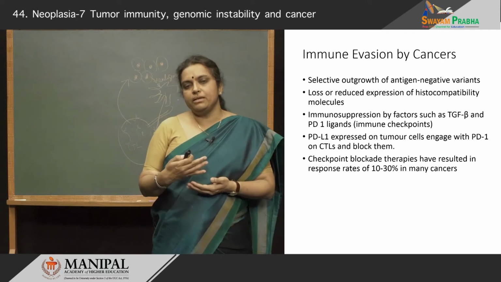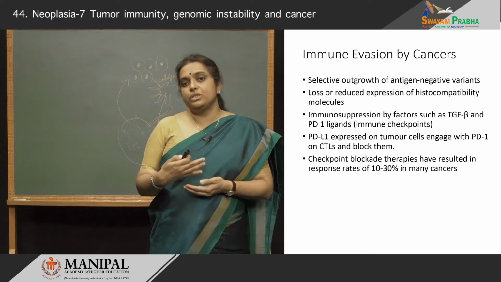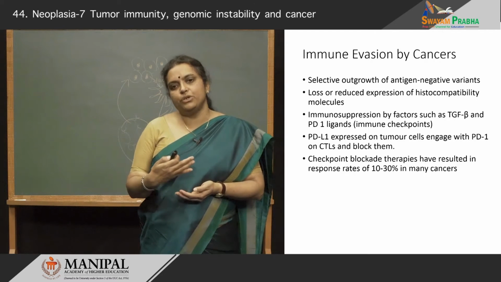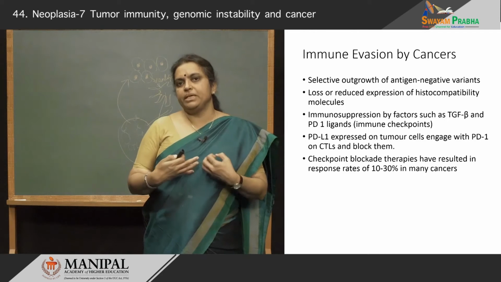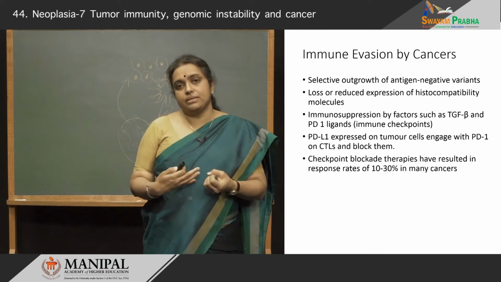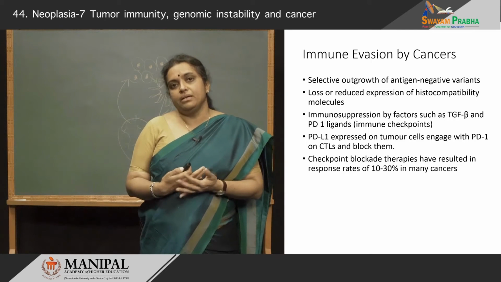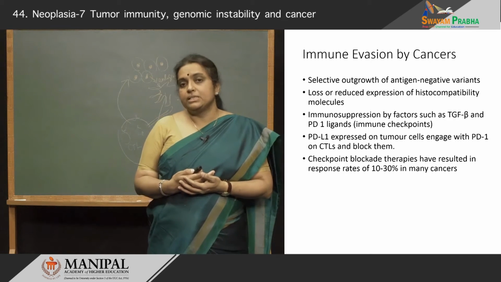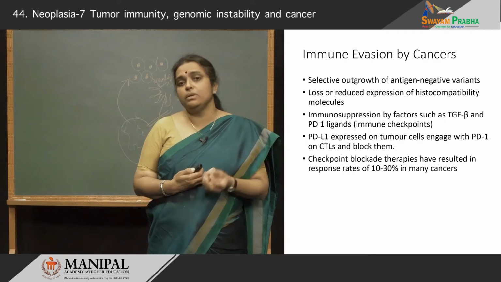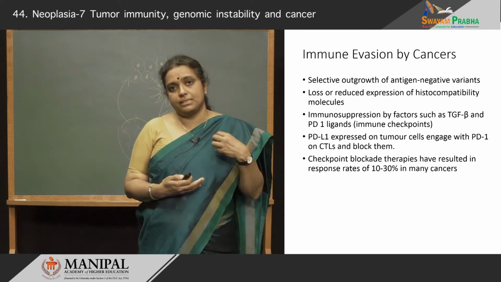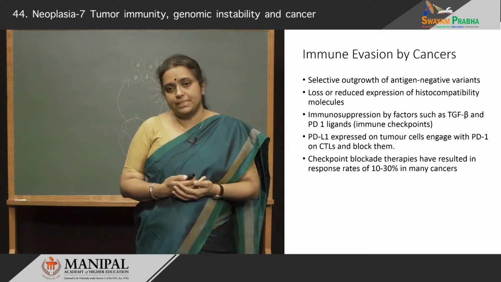So, this is in fact a sort of protective mechanism so that there is no autoimmune destruction of our own cells. Now, in cancers, the PD-1 and PD-L1 become overactive so that the cancer cells are prevented from being destroyed by the CTLs. So, a protective mechanism that has evolved within the human body is exploited by the tumor cells.